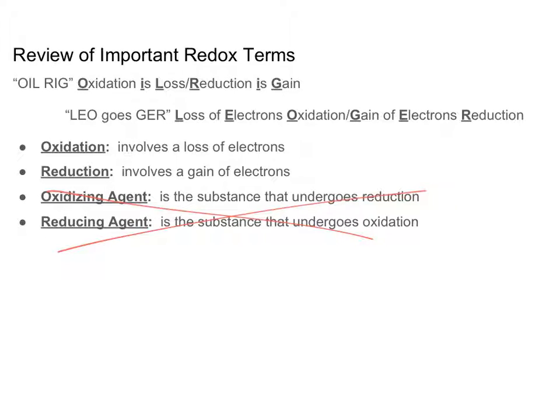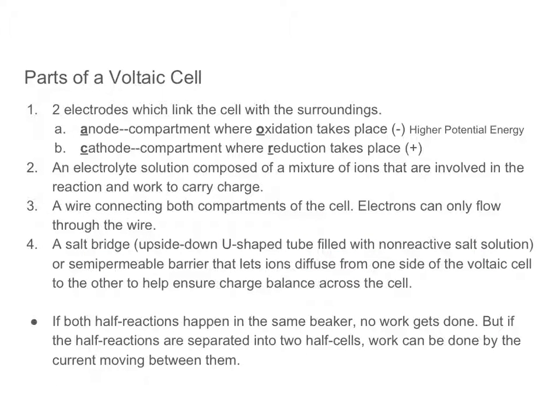So in my head, when I was learning this, I remember thinking to myself, reduction, that's when you lose electrons. And I had to remind myself over and over again that reduction means a gain of electrons because it's a reduction of charge. So that's kind of how I try to keep track of it inside of my head, which, as you guys are aware, is a dark place sometimes.